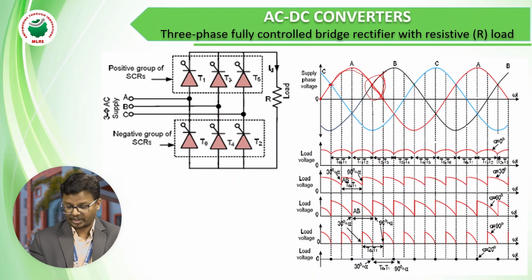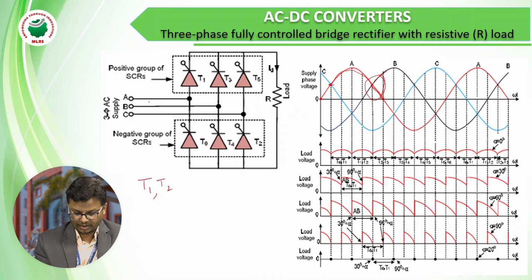Starting initially from the graph, we can observe T6 and T1. Generally we have an order of T1, T2. First T1 will conduct, so the current path is T1 to T2, and then back to the C terminal.